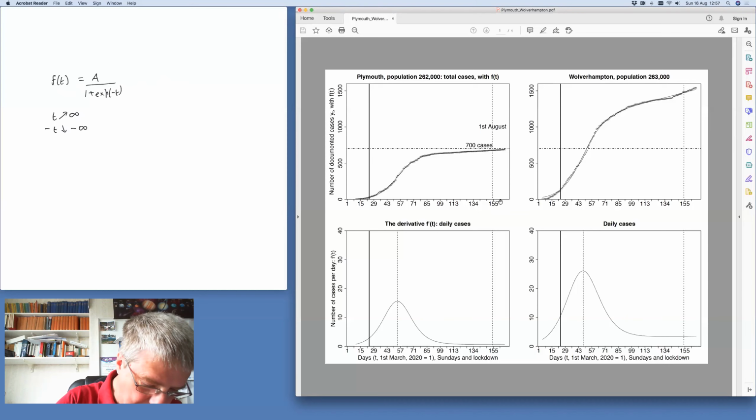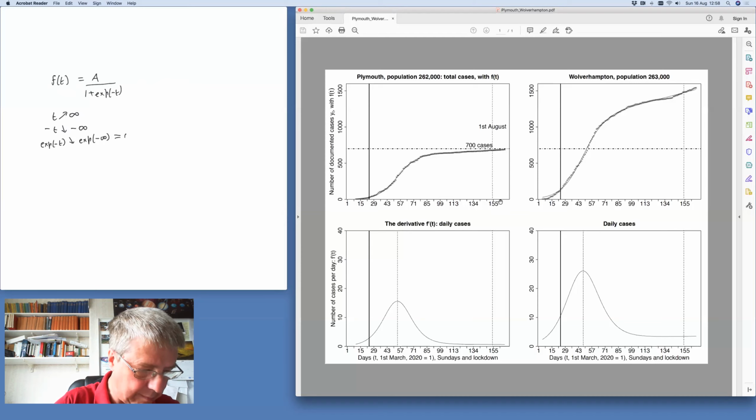And when I take the exp of both sides, which I'm allowed to do, then the exp of minus t will tend down to the exp of minus infinity, which is 0. So the upshot of this is that f(t) tends upwards, because the exp of minus t is on the bottom of the fraction, to a over 1 plus 0, which is just equal to a.